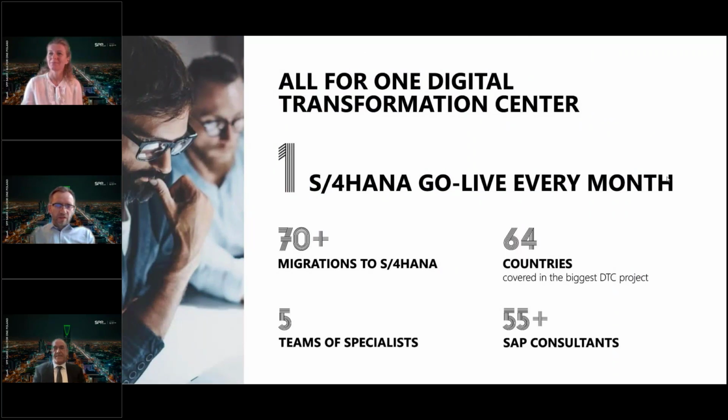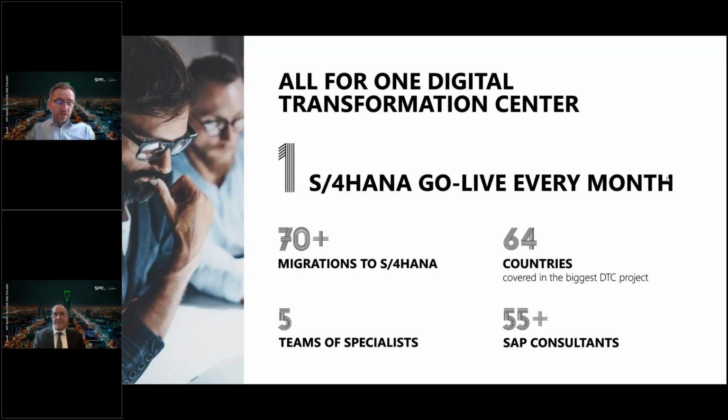So basically, we are doing one go-live with the S/4HANA transformation every month currently. So the team is working really at full speed. We did 70 plus migrations to S/4HANA so far, and many of them are already a success story for us.